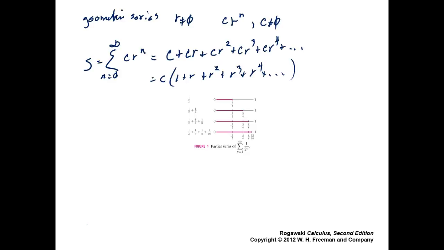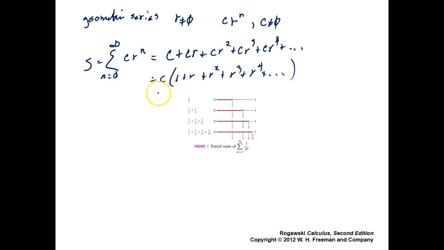Here, I think what they've done is taken c to be 1/2. Let's not worry about that yet. We'll get to that in just a second. Yeah, that is what they're doing. No, they let c equal 1 and r be 1/2. That's what I was thinking it was.